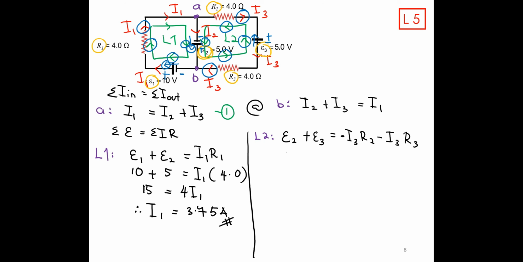EMF2 is 5, EMF3 also 5, equals negative I3 times R2, which is 4, minus I3 times R3, which is also 4. So this is 10 equals negative 8 I3.